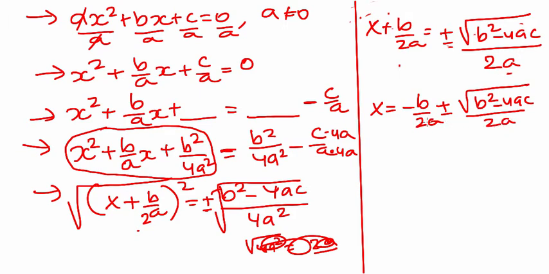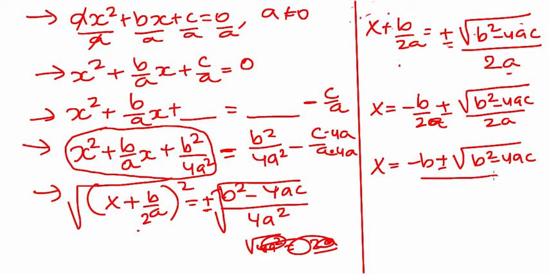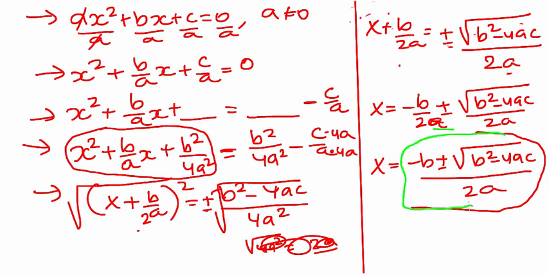Because they have the same common denominator, 2a, we can rewrite this as x equals negative b plus or minus the square root of b squared minus 4ac, all over 2a. So this is basically the proof of the quadratic formula.